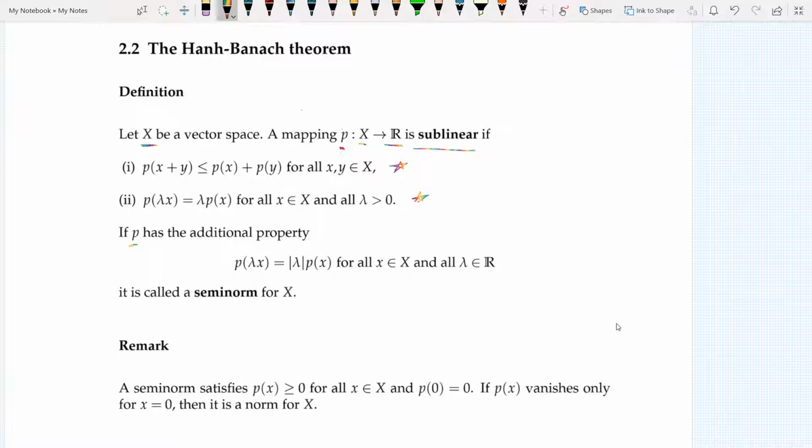If P has an additional property, which is this, then our P is called a seminorm for X. So as simple as that, just have a functional. If it satisfies just two properties, it's called sublinear. If it satisfies these three properties, then it's a seminorm. So far so good.